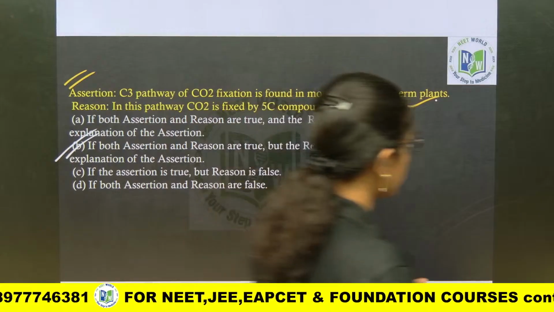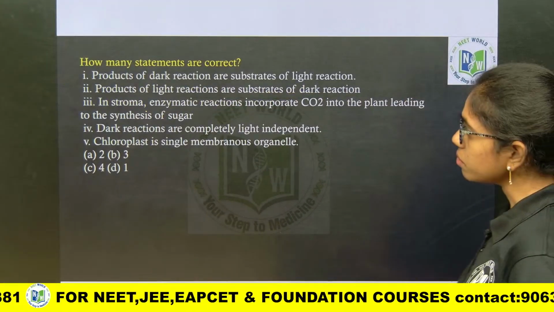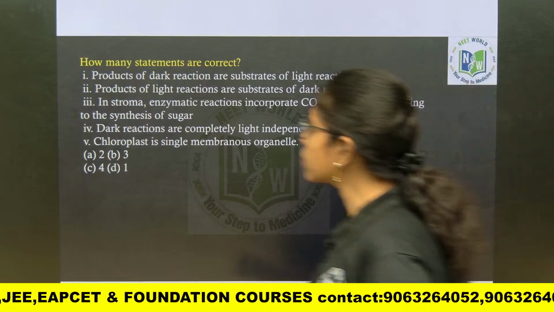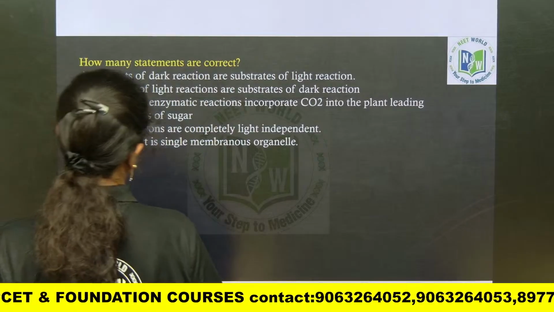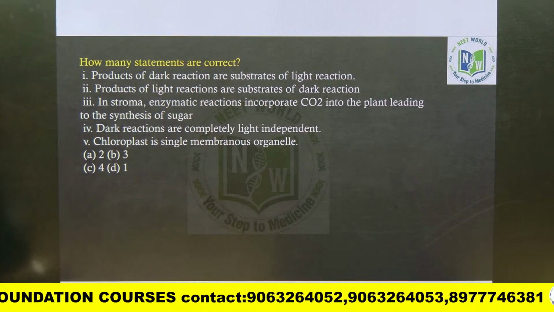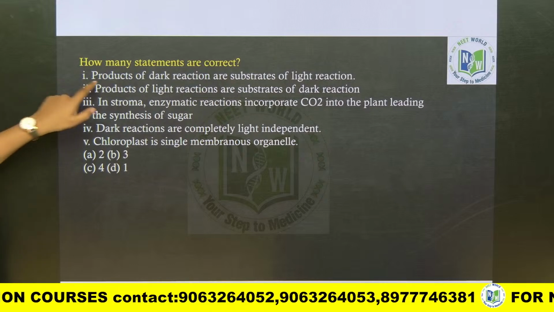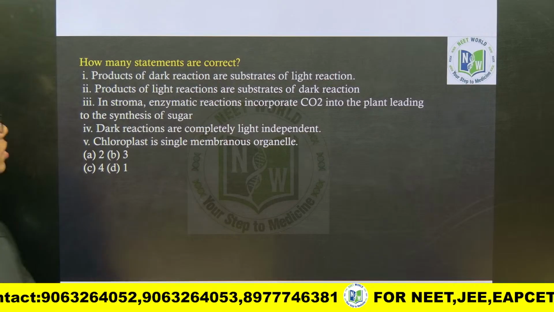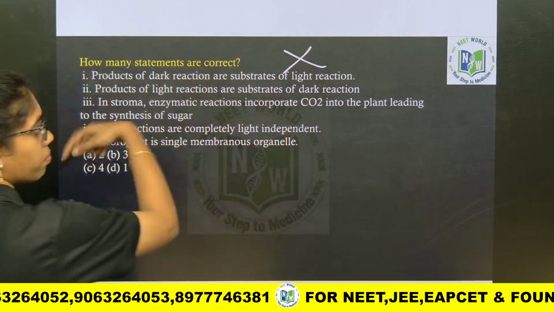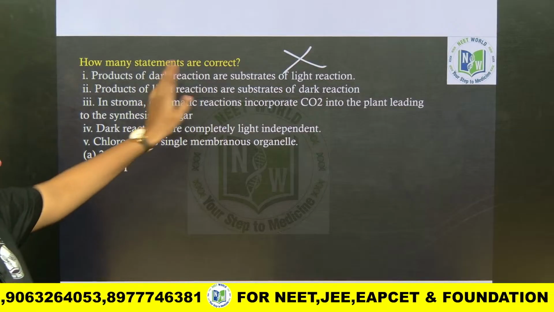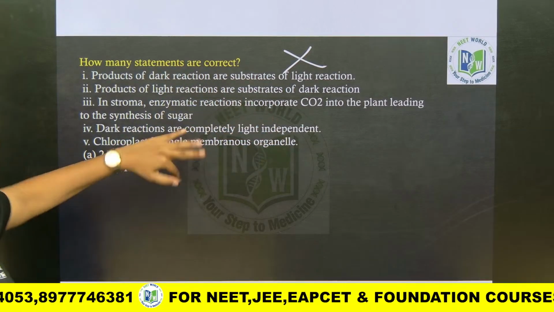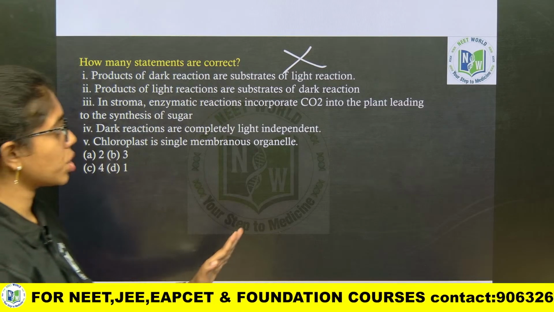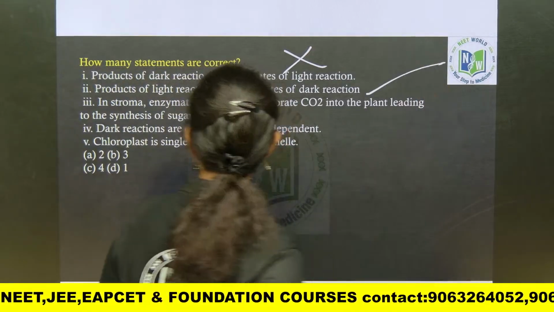Clear? In this last question, how many of these statements are correct? The products of dark reaction are the substrates of light reaction. Wrong, it is the reverse. The products of light reaction are the substrates of dark reaction. This will be the correct statement.